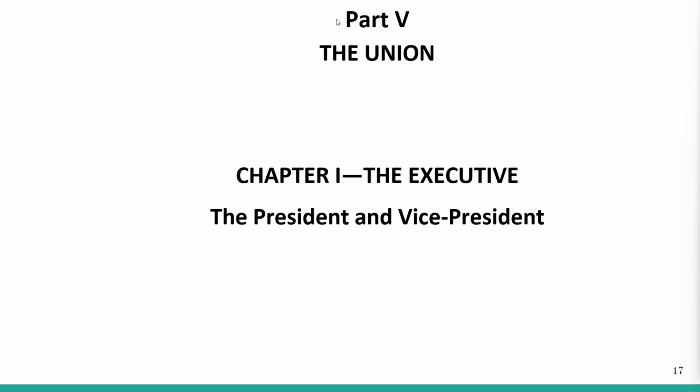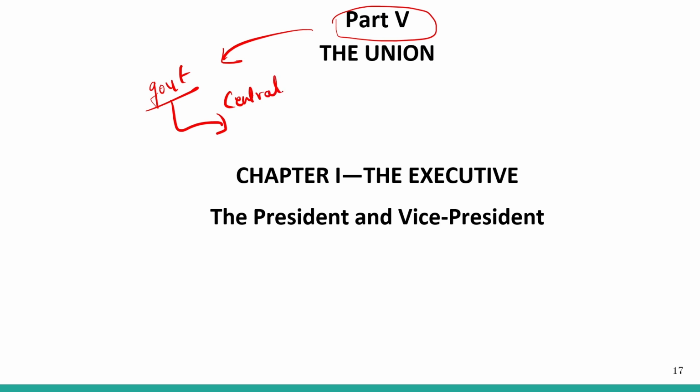Because when we are talking about the Constitution, we need to know what exactly the government is made up of. And when we talk about the government, it is talking about the central government. So central government, if you remember that when we talked about the features of India, it is a federal structure.